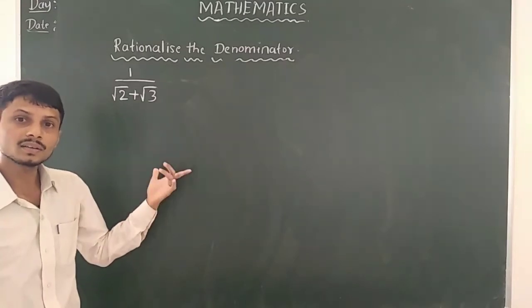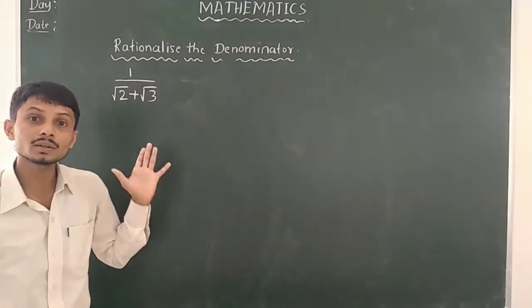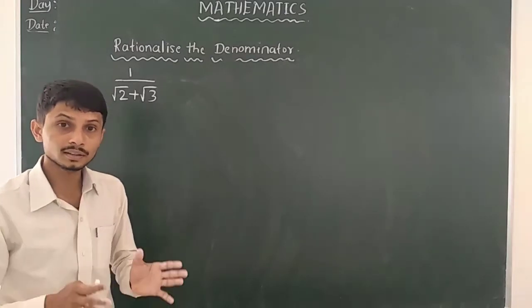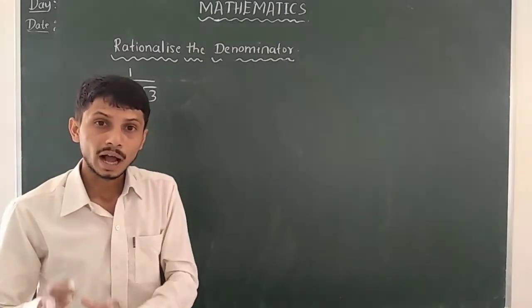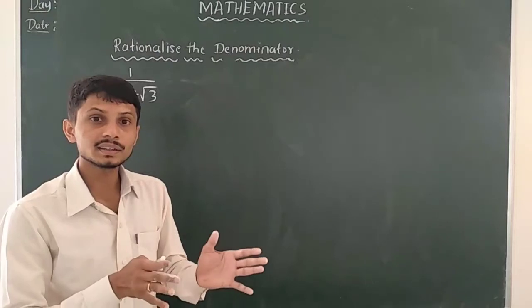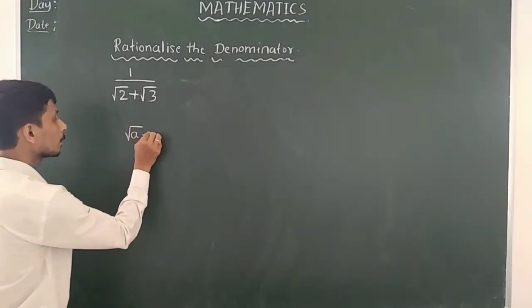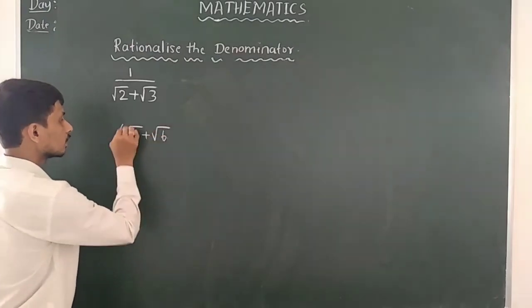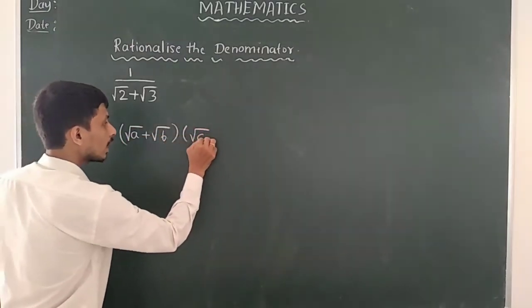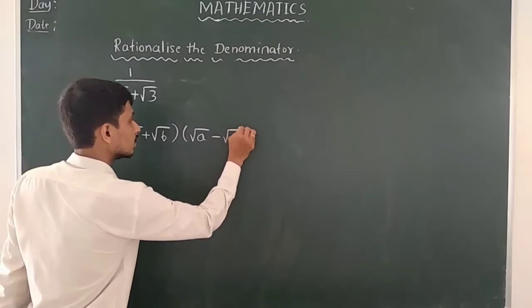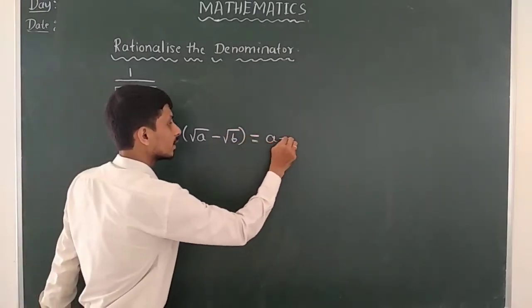So here what we have to do is take the conjugate. We already learned one of the algebraic identities in the last classes, that is (root a plus root b) into (square root a minus square root b) is equal to a minus b.